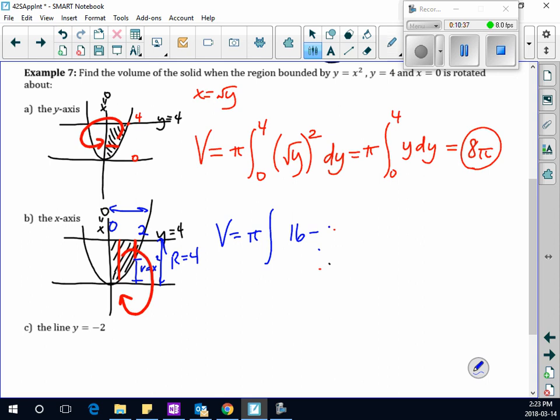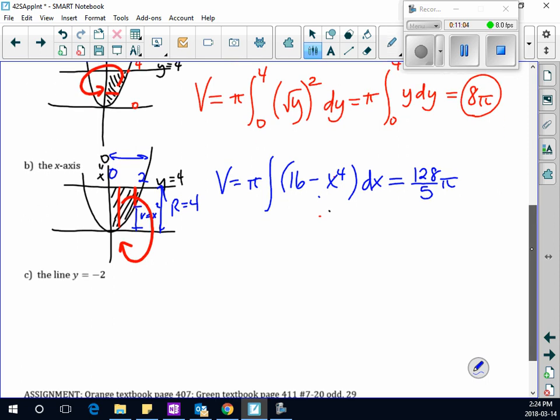So that's going to be x to the power 4, and that is dx. We could probably do this by hand, but anyway, for time, 128 over 5 pi. You can do that for practice.